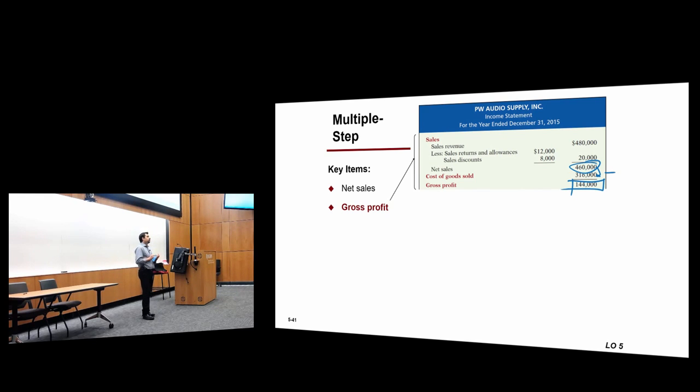Now, why do companies use the rate or percentage? Because an absolute number might be misleading. So if I tell you, for example, that the company made gross profit of $100,000, is it impressive or not?